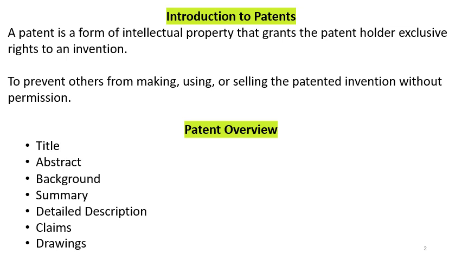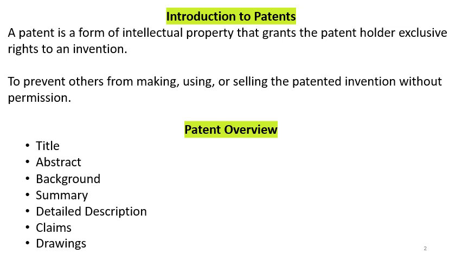Patents are made to prevent others from making, using, or selling the patented innovation or invention without permission of the innovator. So, patent gives the exclusive rights to the innovator and excludes others from making, using, or selling the patented technology.